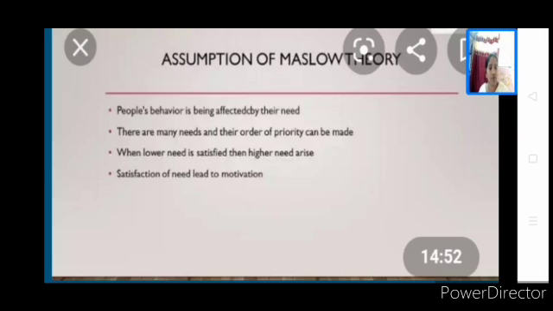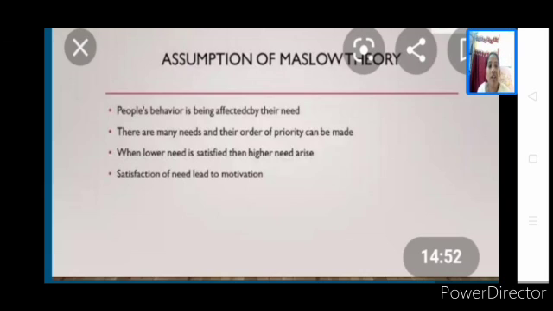Then I can look after another type of need. As a student, you might have different types of needs. Again, priority of needs has to be made, and you should strive and be motivated to satisfy your needs according to the priority.